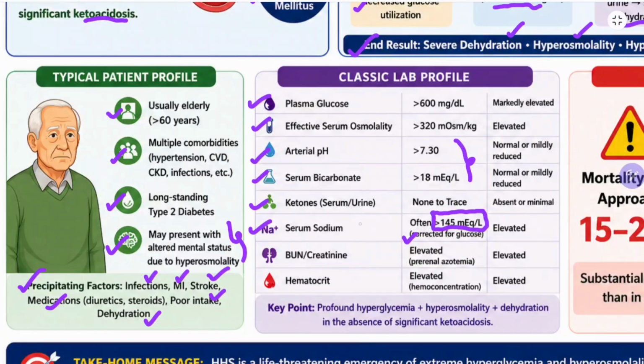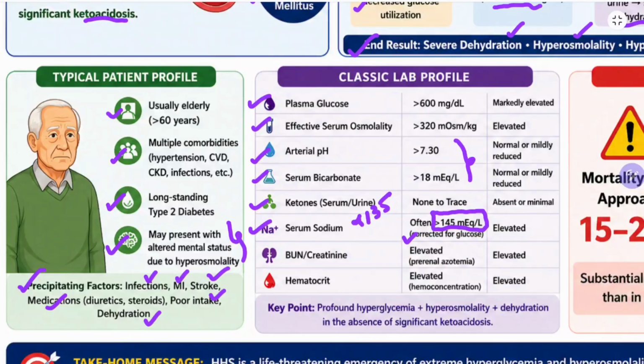Whereas in diabetic ketoacidosis, it will usually be less than 135 because of dilutional hyponatremia. But it is opposite in HHS. It will often be more than 145 milliequivalents per liter, corrected for glucose.